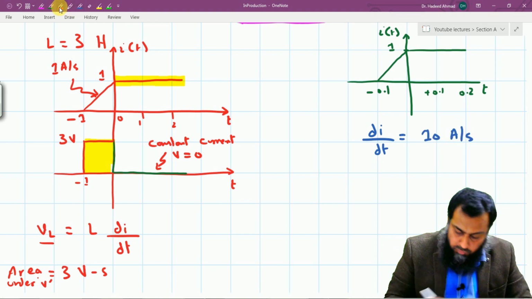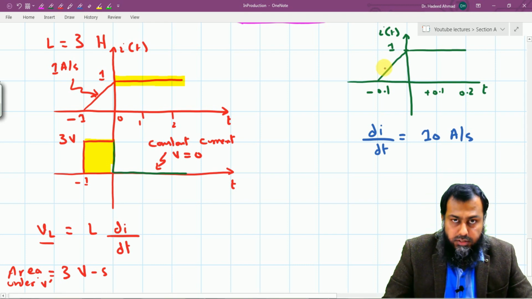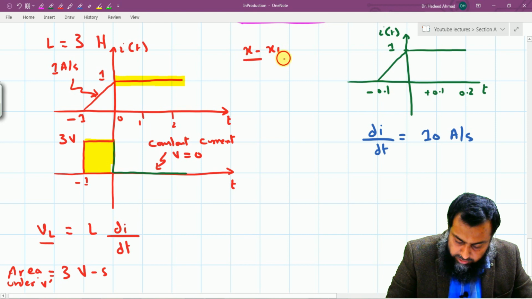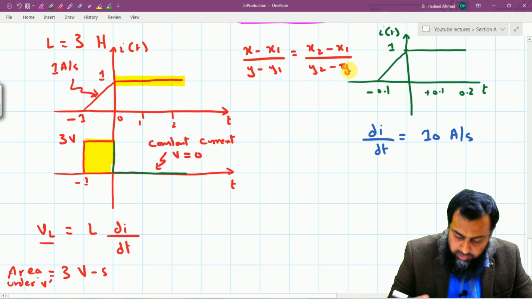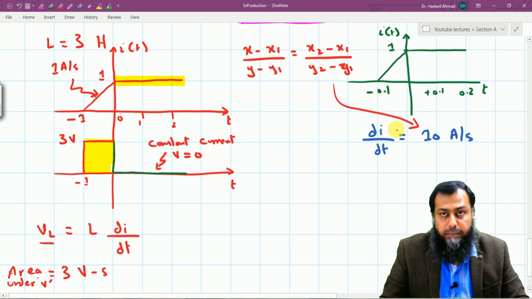Notice here that if you are having some confusion about finding the slope, then the slope can easily be calculated using this particular expression, x minus x1 over y minus y1 is equal to x2 minus x1 over y2 minus y1. So this gives you the slope of the current, and that is equal to 10 ampere per second.